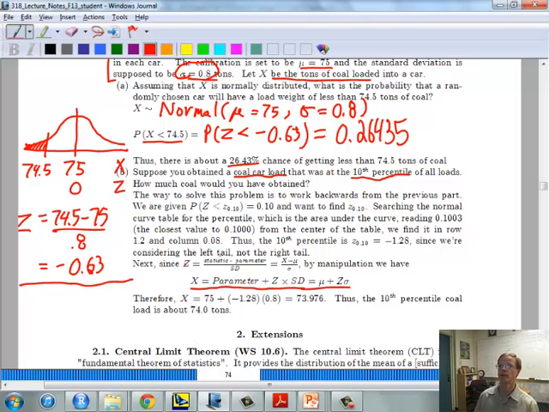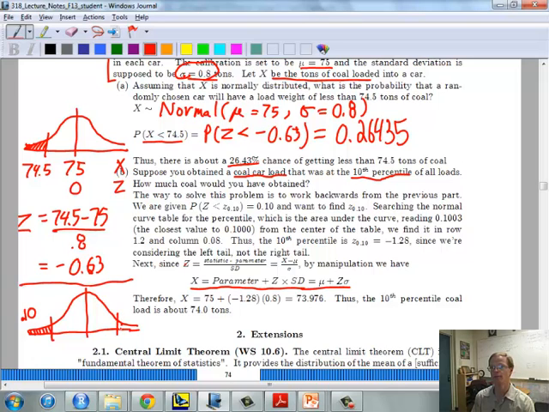Now, I want to be very careful and sketch the curve so that we pull out the right z-score. 10th percentile is small, which means it's on the left side. So I'm going over here on the left side, and I need a negative value.